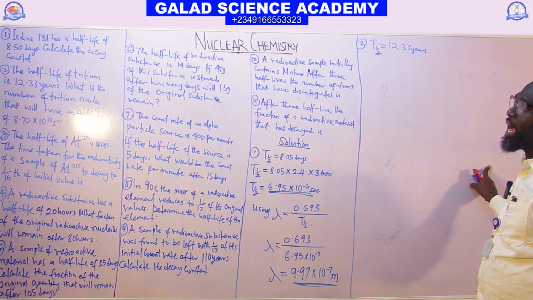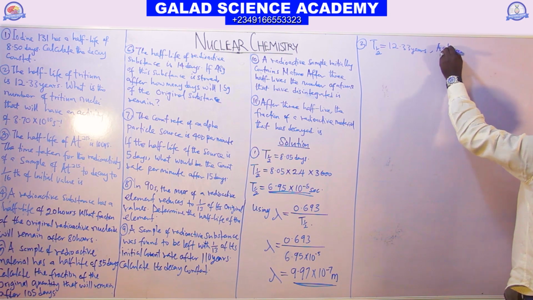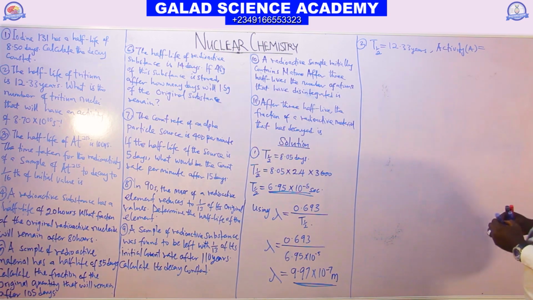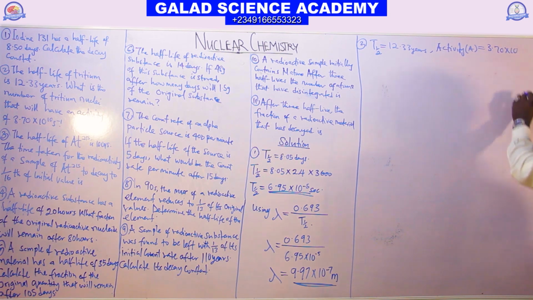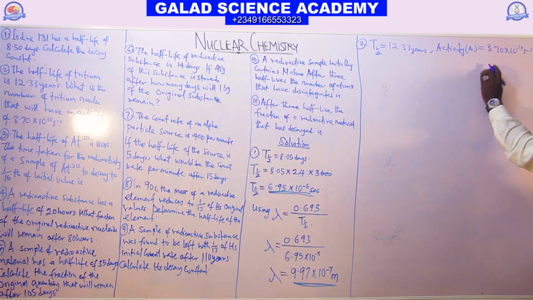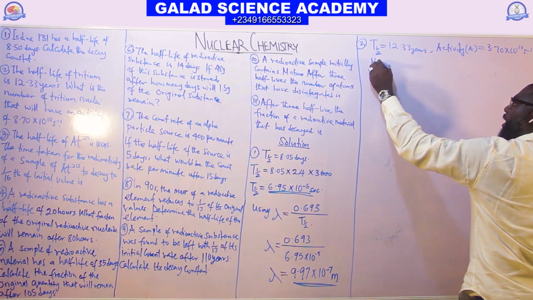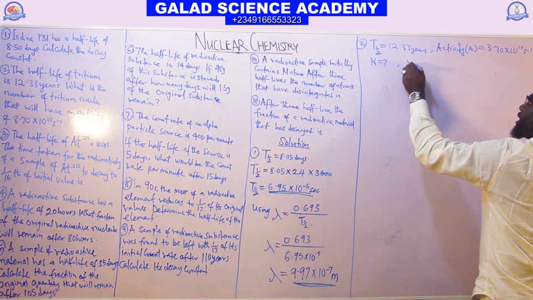We are given the activity A, which is 3.70 times 10 raised to the power 10 per second. That's the activity. But we are looking for the number of nuclei, N.